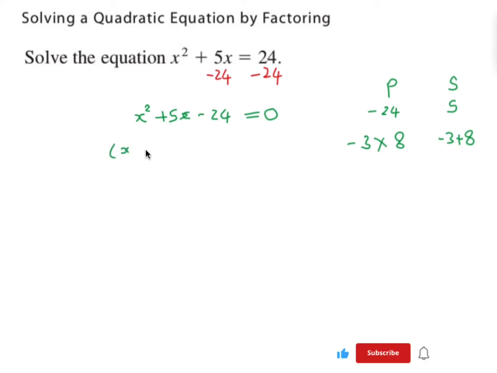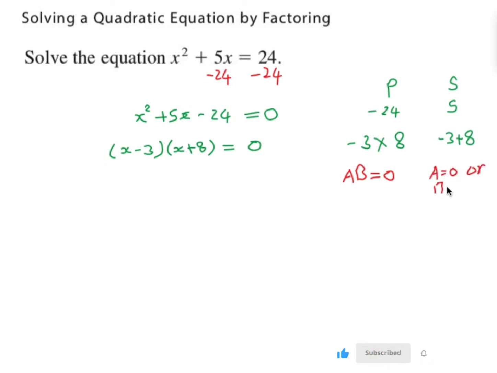So we can easily write (x minus 3)(x plus 8). Here we use the zero product property. It means ab equal to 0 if and only if a equal to 0 or b equal to 0.